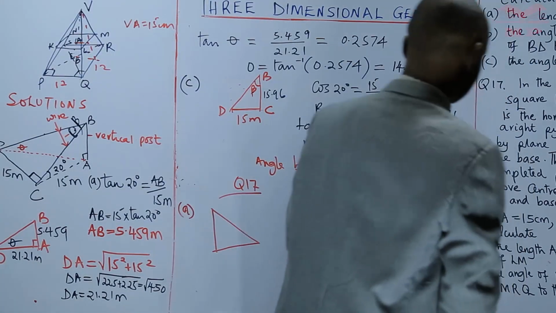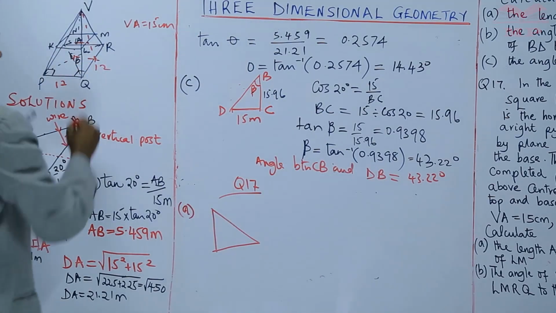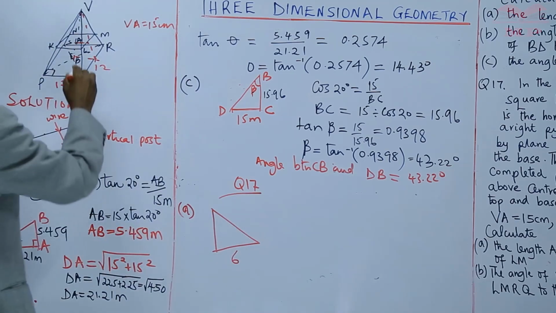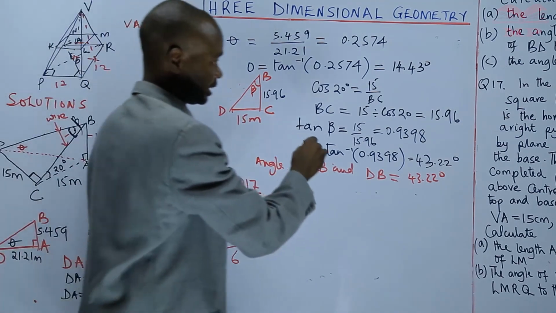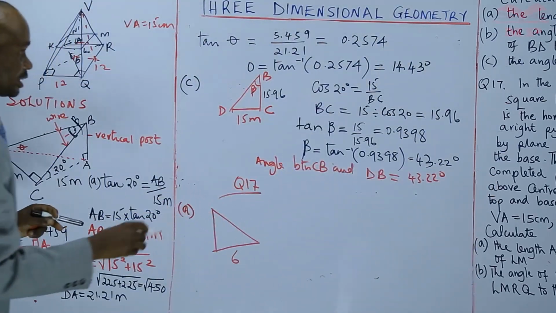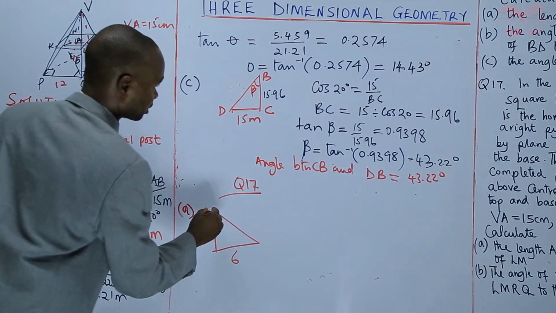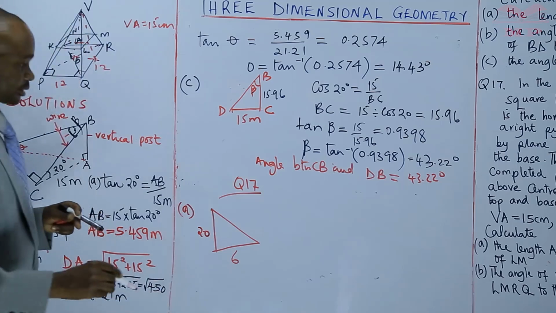Given that PQ is 12, half of PQ will be 6. So this will be 6. And we are given VA was 15 and AB is 5. So the whole of this is 20, from the top of the vertex to the bottom.